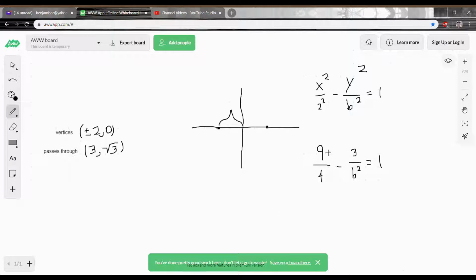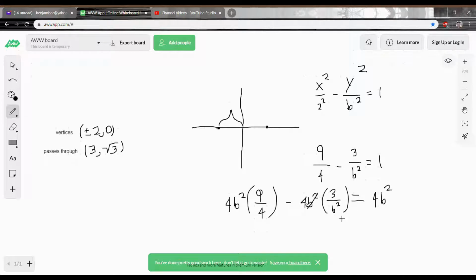So when we multiply 9/4 by 4b squared, I'll write it out fully. Subtracting 4b squared times 3 over b squared, and setting that equal to 4b squared.